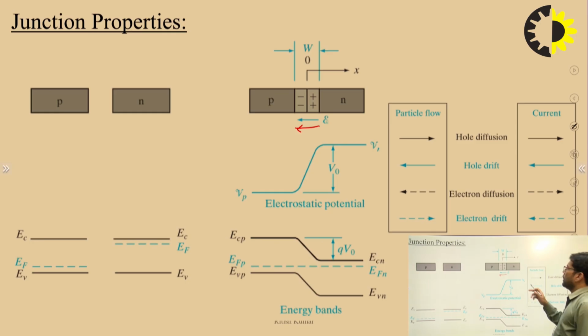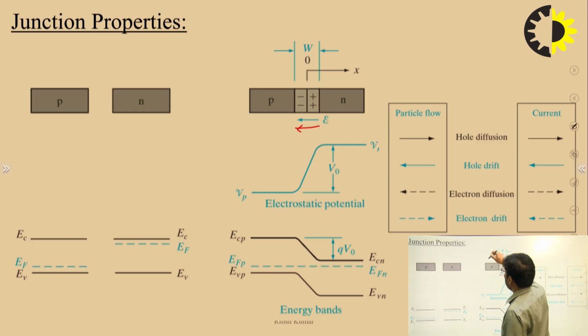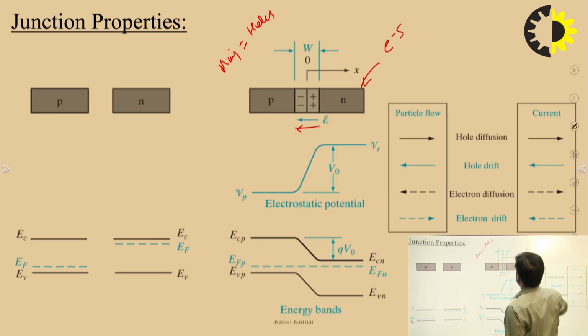So here in the p-type semiconductor, the majority carriers are holes. For n-type semiconductor, the majority carriers are electrons, right? As we know the diffusion process, in the diffusion process the carriers migrate from higher concentration to lower concentration.